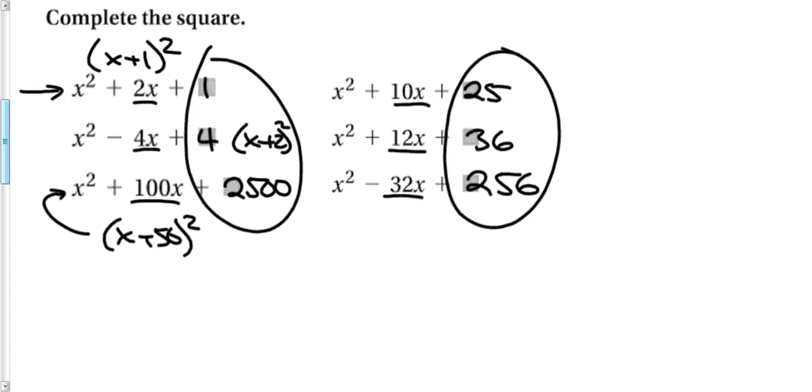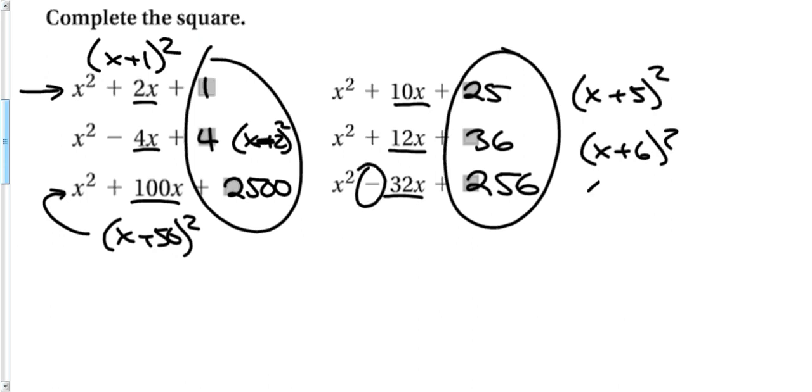This one over here would be x plus 5 squared. Sorry, that's a minus right there. x plus 6 squared, and see that negative? That would be x minus 16 squared.